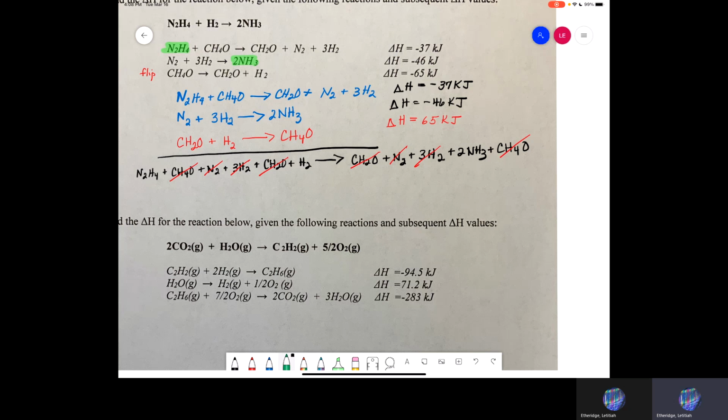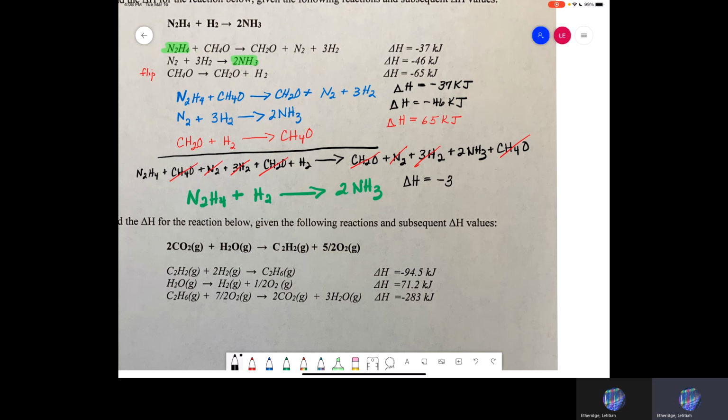Now, if we have done this correctly, I think I got everything. This equation should look like your original. So let's see if it does. N2H4 plus H2 yields 2NH3. Okay, now since it does, this says if you want to find the heat of this equation, add up all the heats.